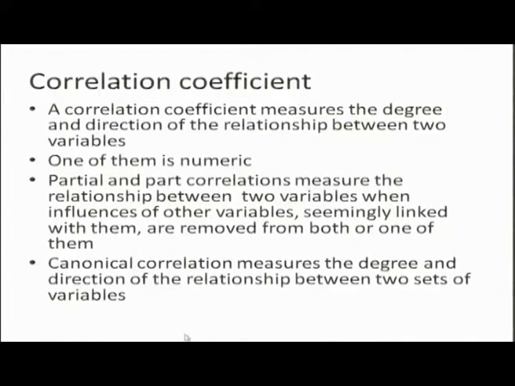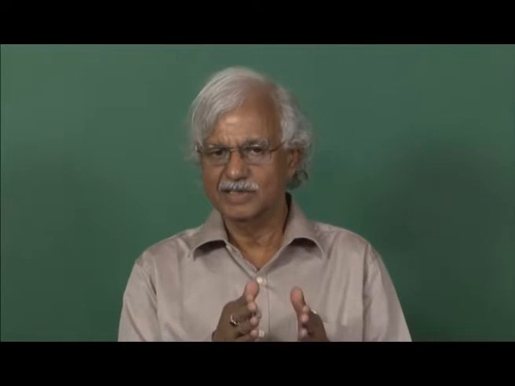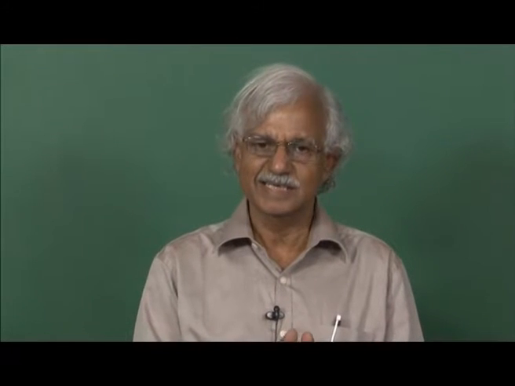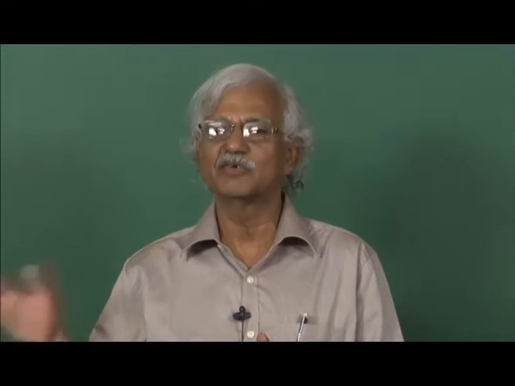There is also a term you will find in literature, canonical correlation, which measures the degree and direction of relationship between two sets of variables. Here we are not calculating correlation between two variables, but between one set of variables and another set of variables.